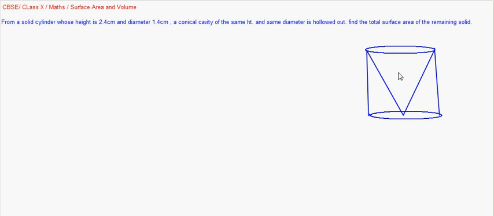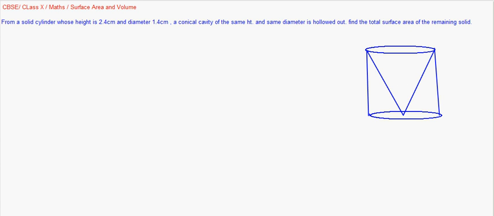Now this cone which I have drawn, that part is actually hollowed out. We have to find the total surface area of the remaining solid. That means this and the shape of the cone here.